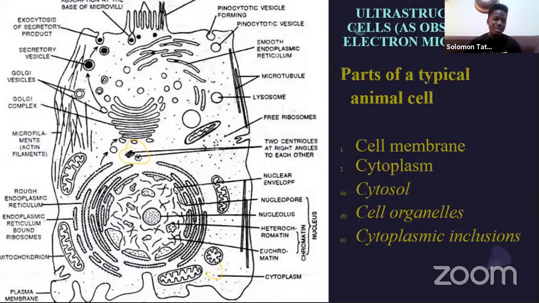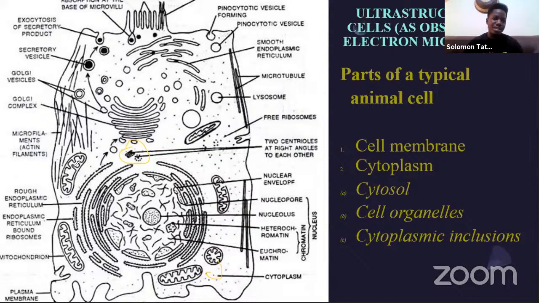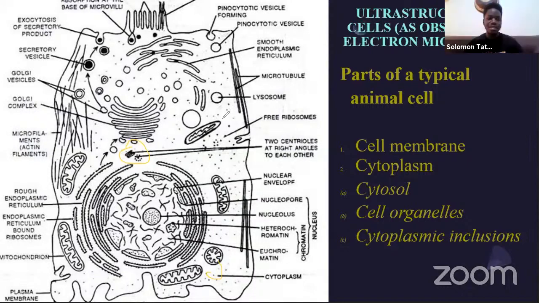This is the rough one, always surrounded with ribosomes. The smooth endoplasmic reticulum is up here. And we have the mitochondria, very many, and different other organelles. There are a lot of them, and you are going to see some of them, and you will have to tell me their functions.